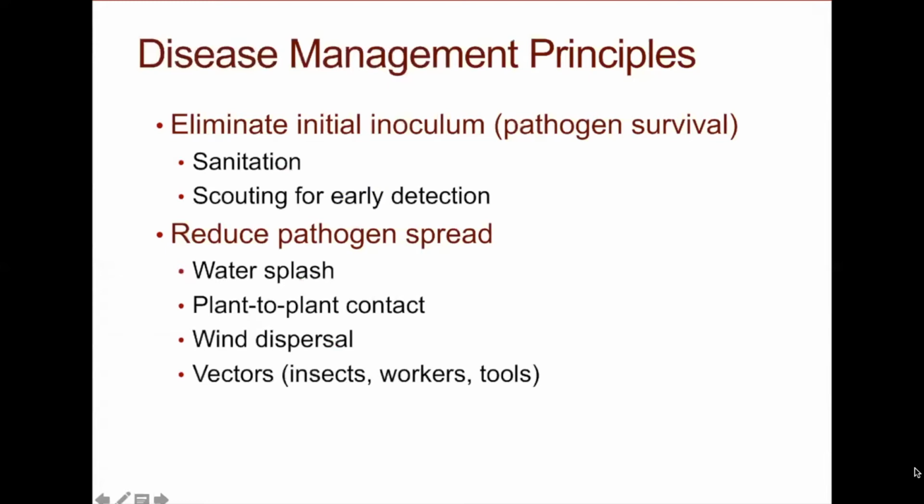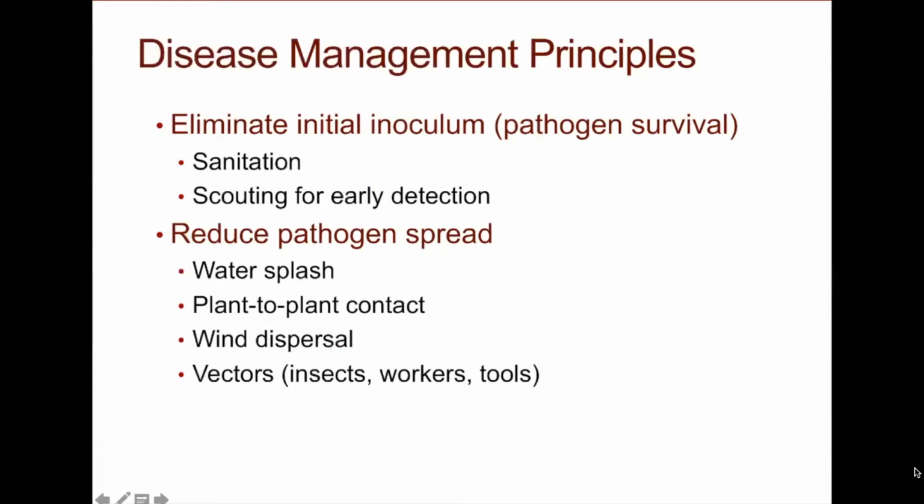Wind dispersal, we kind of just mentioned that with the fan in a greenhouse setting, you have more covered area. So wind is not going to play a role or anything like that, but when it comes to the fans, wind dispersal can lead to pathogen spread. So we want to reduce that, and you could even do that by lowering the fans.